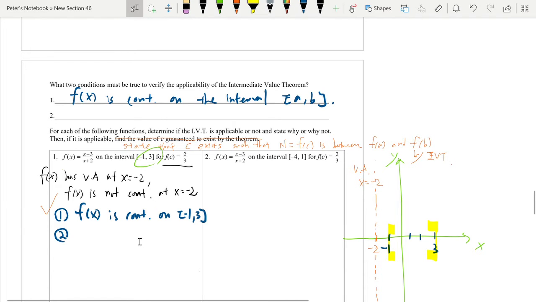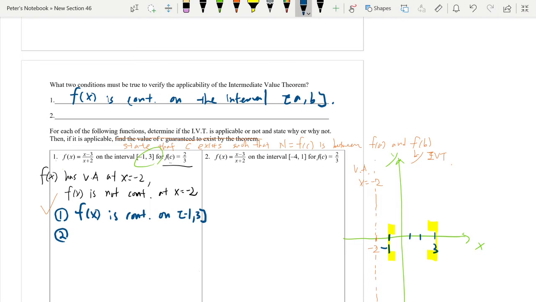Right. The second condition was not only is it important that f of x is continuous on this interval AB, but also, when you look at f of a and f of b, the f of c, the N value, should be between f of a and f of b. IVT does not work if f of c is not between those two values.